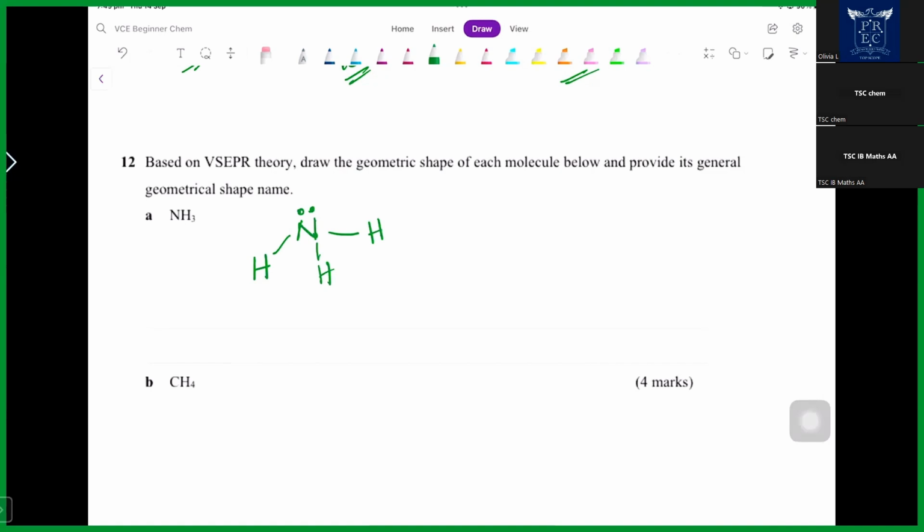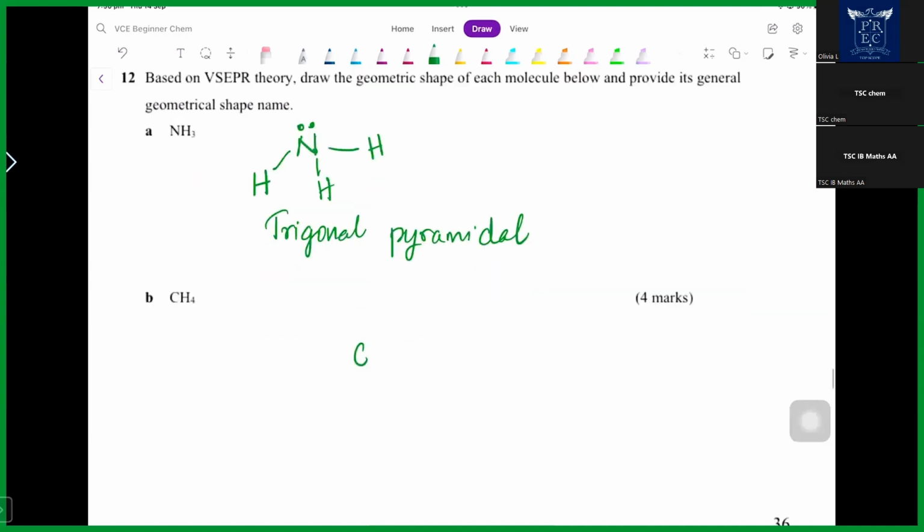So what do you call this one? It's called trigonal pyramidal, right? For CH4 it is like this. You have a 1H here. It's called tetrahedral.